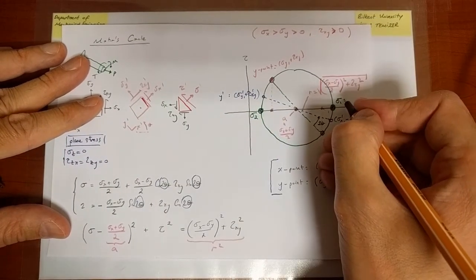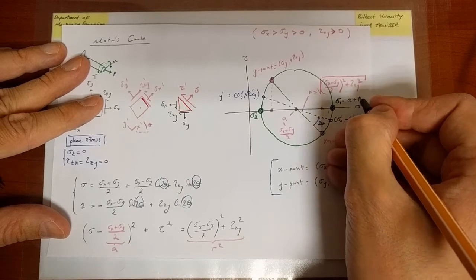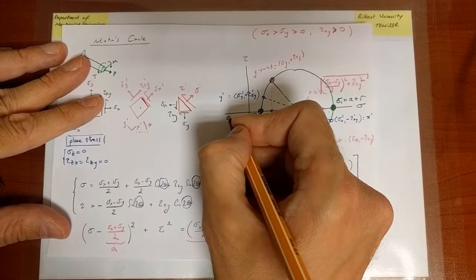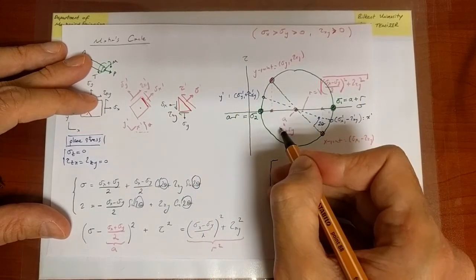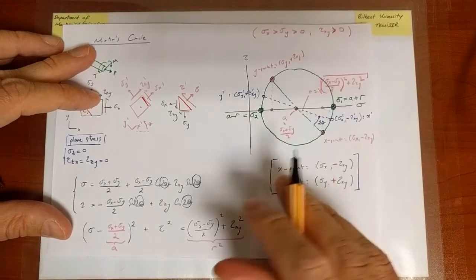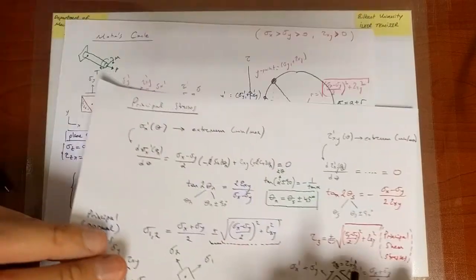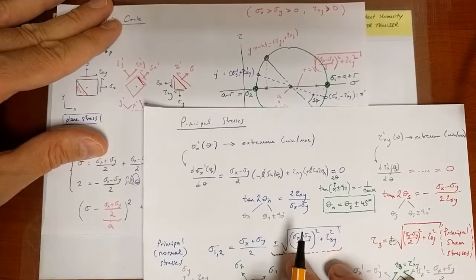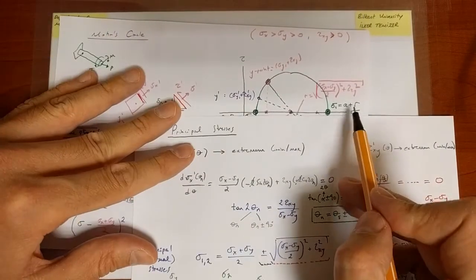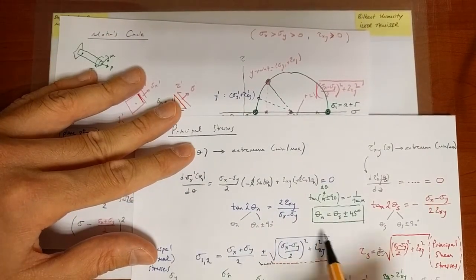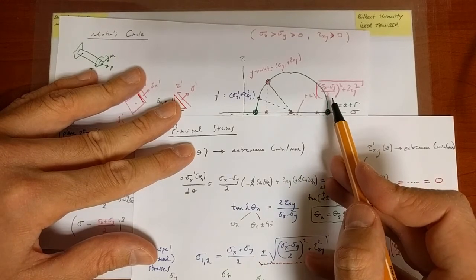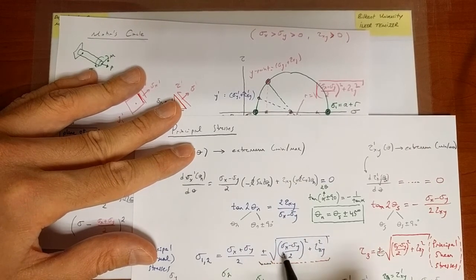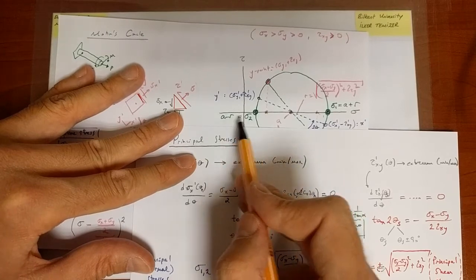Well, what is sigma 1? It is supposed to be a plus the radius, and sigma 2 is simply supposed to be a minus the radius. A is the mean, the radius has that expression. Now we may want to go back and recall some of these equations, right? So a plus r, the center plus the radius, that's where it is, right? Or a minus the radius, that's where it is, right?